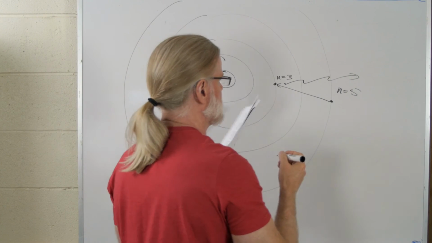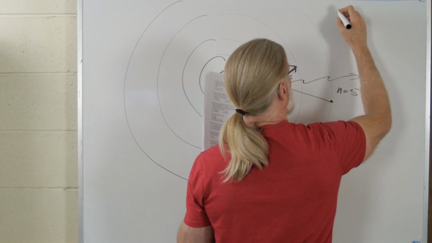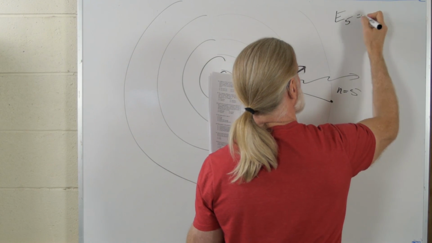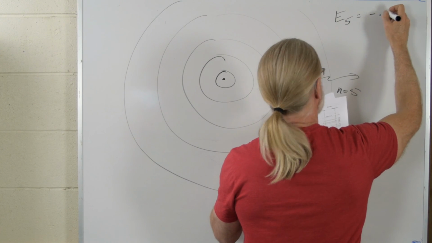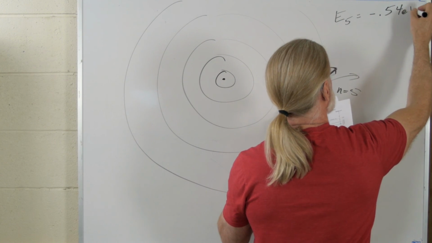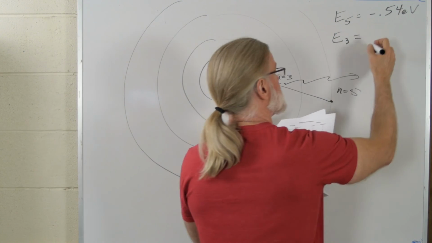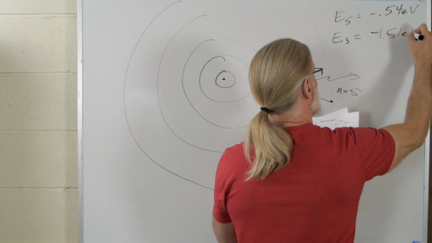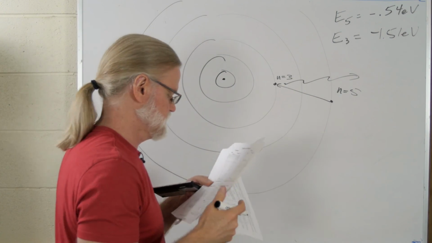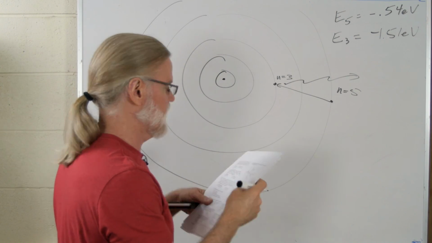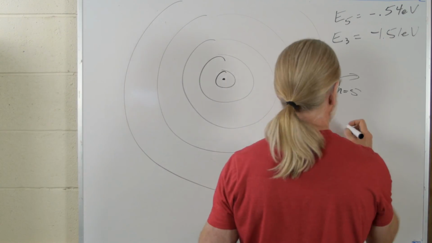So I'm going to need to look up some numbers. The energy at 5 is minus 0.54 electron volts. Energy at 3 is minus 1.51 electron volts. It's even in electron volts, so that's easy.